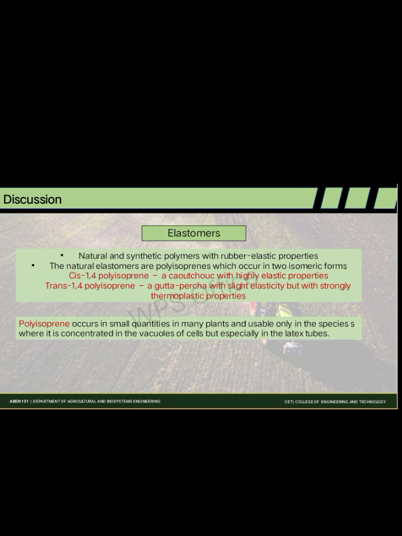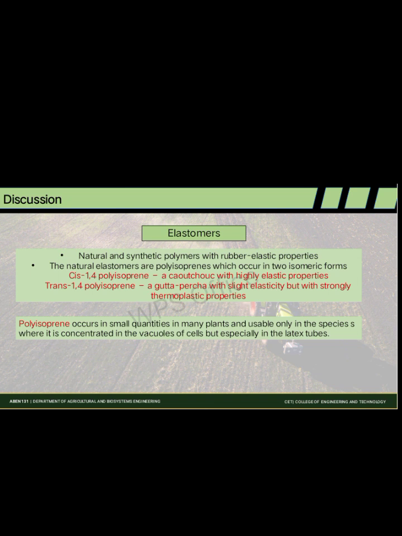Now, the two types of polyisoprene are cis-1,4-polyisoprene and trans-1,4-polyisoprene. The cis-1,4-polyisoprene is a caoutchouc with highly elastic properties, while the other one, the trans-1,4-polyisoprene, is a gutta-percha with slight elasticity but strongly thermoplastic.